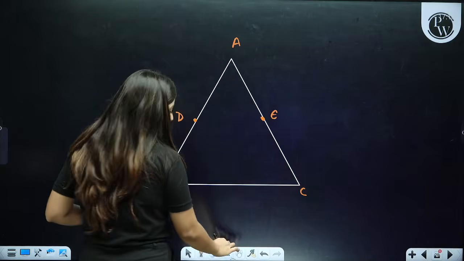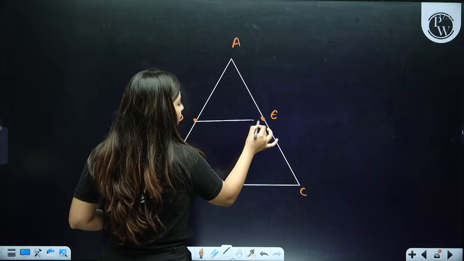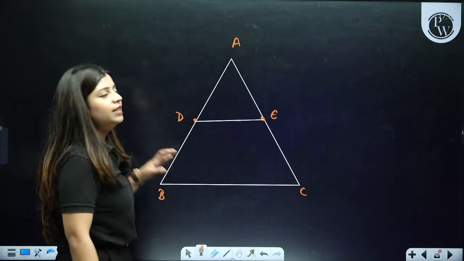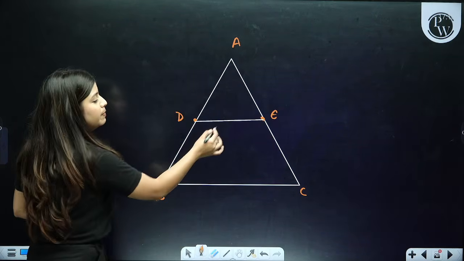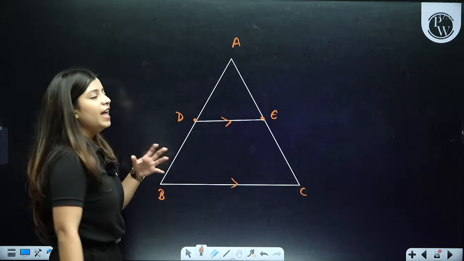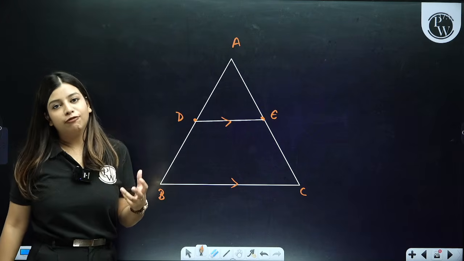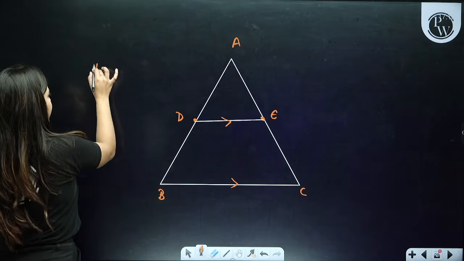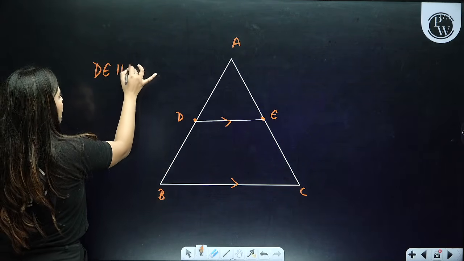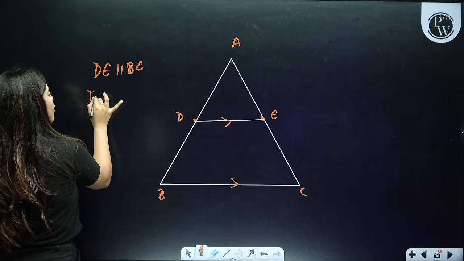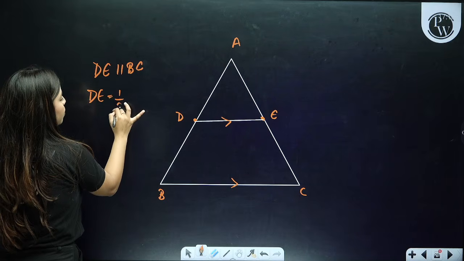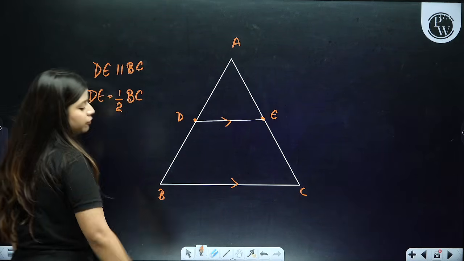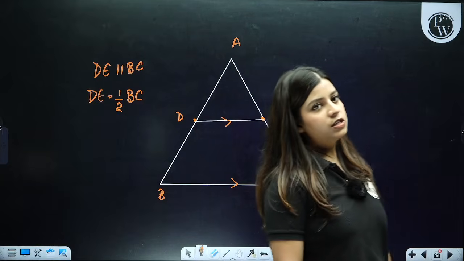Now if I join this line, this line will be parallel to the third side and also half of it. That means I can say that DE is parallel to BC and also DE is equal to half of BC. So this is how we do it.